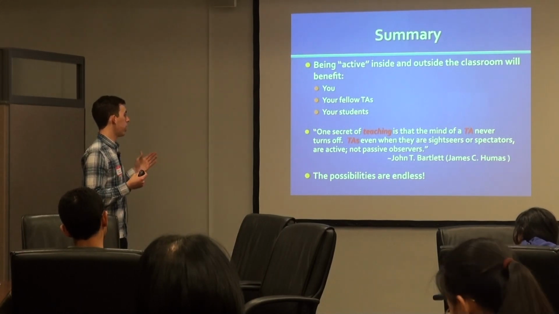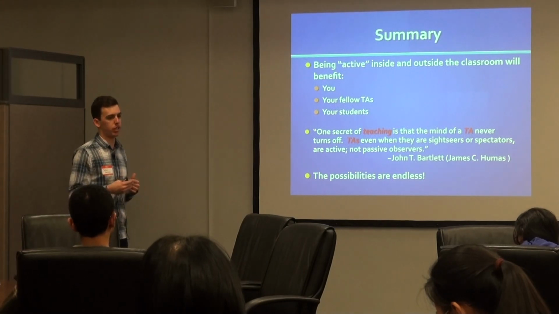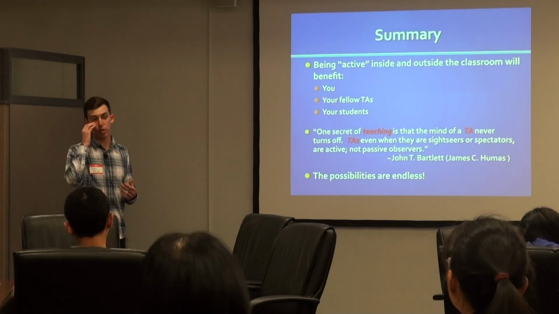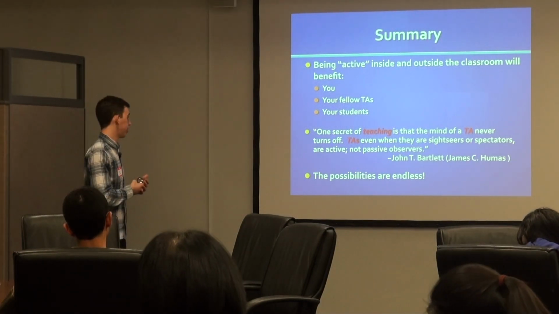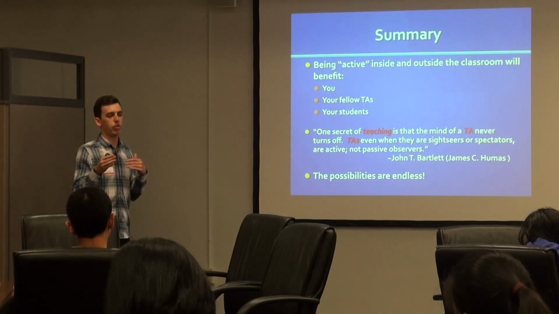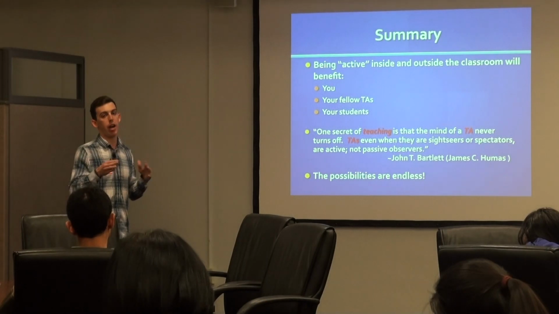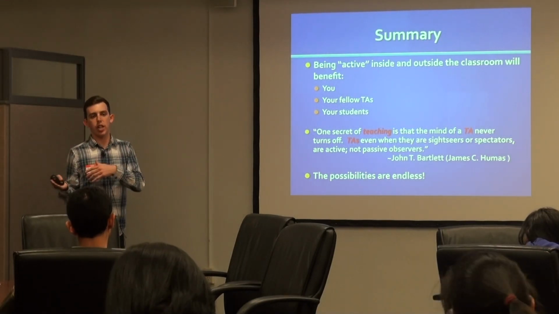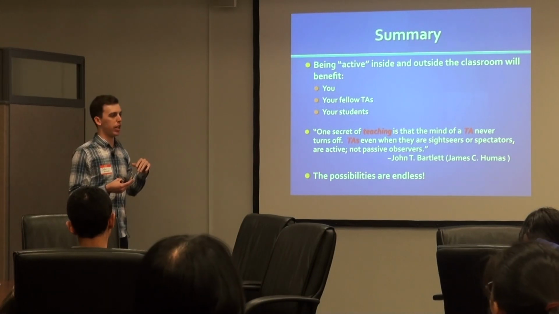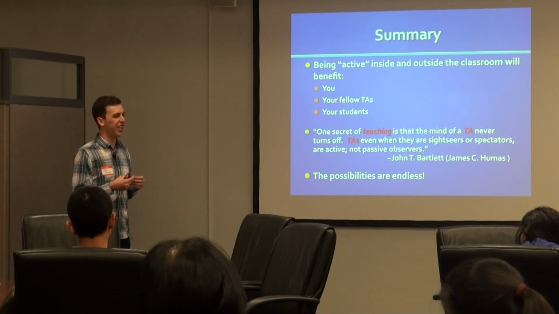But really, even when you think that you don't have to be active and you can just be a sightseer, you really do. There is always an opportunity for you to be active. So the possibilities are endless in how active you want to make the classroom and how active you want to be outside of the classroom. Hopefully you don't get too active, but I think it's really hard to do that.